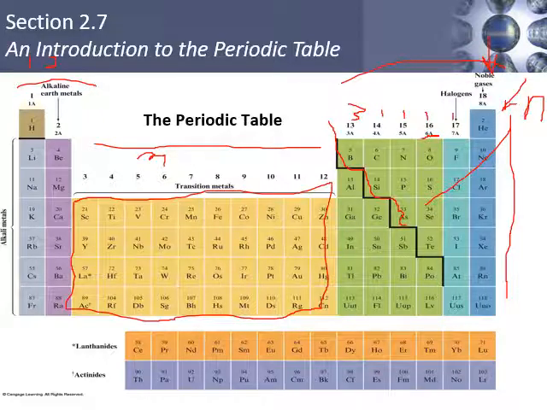So the ones over in the 8th column here are happy, so they don't really react. I mean, you can make them react, but it's kind of an extreme situation. Most of the time they don't react at all. Things like helium, neon, argon, krypton, xenon, radon will not react under ordinary circumstances because they're happy.